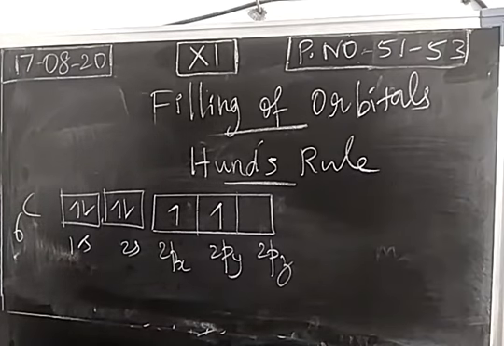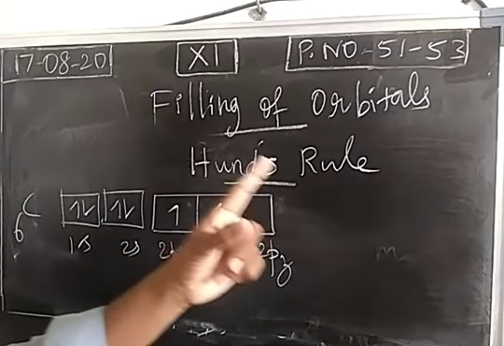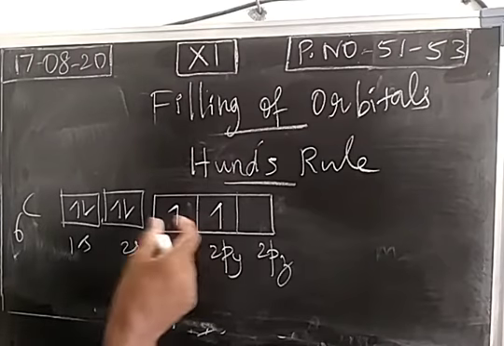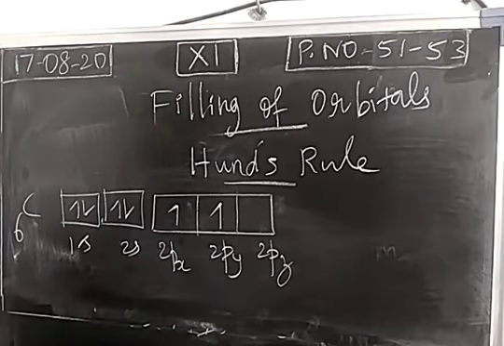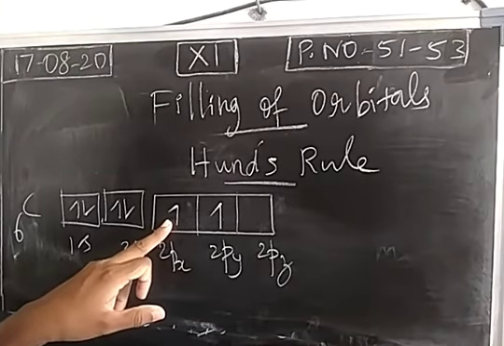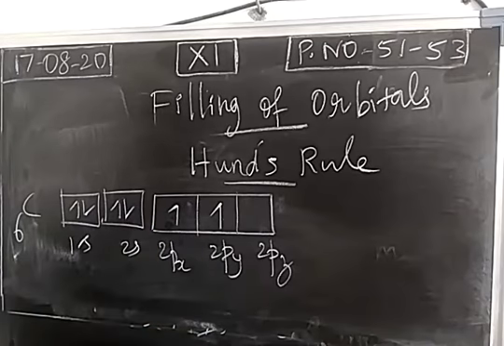It says, when the electrons are arranged in the degenerate orbitals, electrons singly occupy the orbital, then pairing takes place. Why? If 2 electrons are placed in an orbital, there will be repulsion. Both the electrons in an orbital have the same negative charge, so electron repulsion will be there.